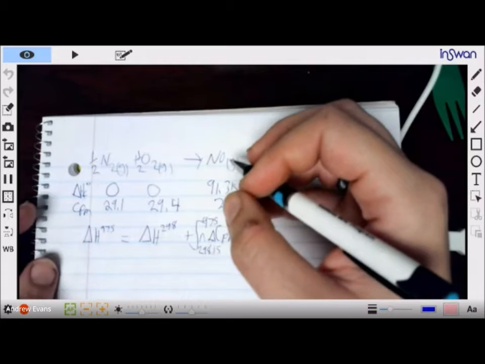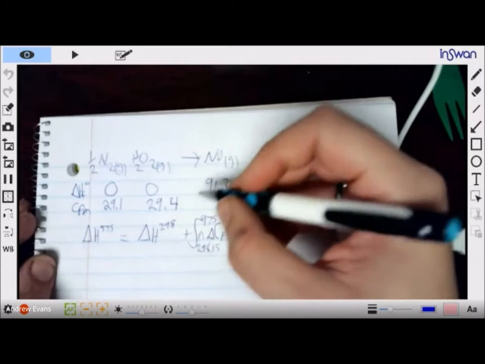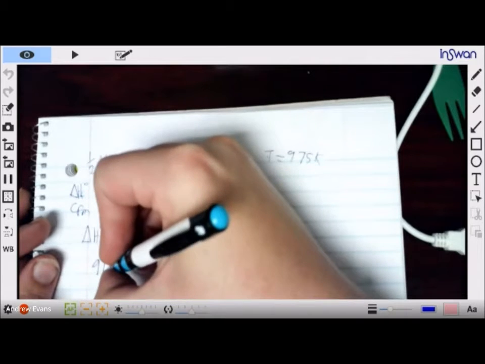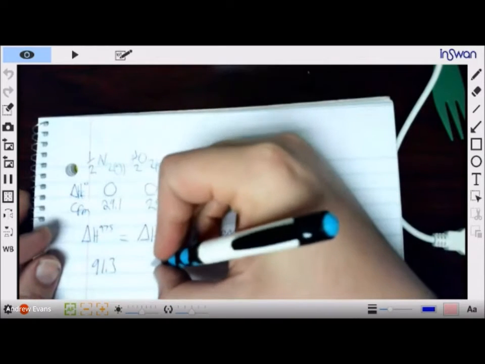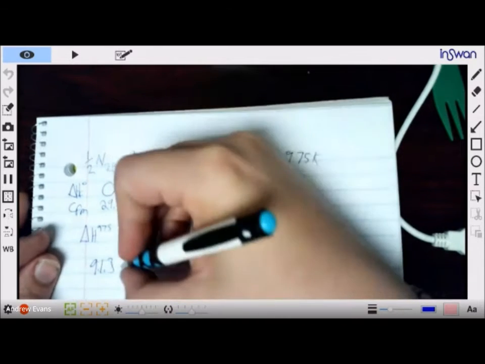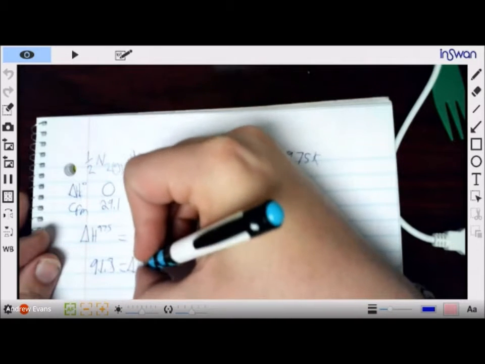We're calculating this for 1 mole. This one is just 91.3, that's our delta H at 298.